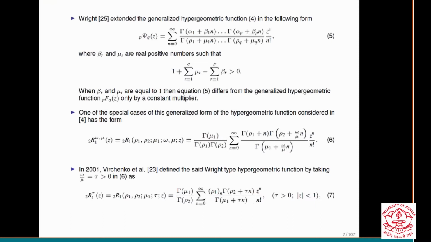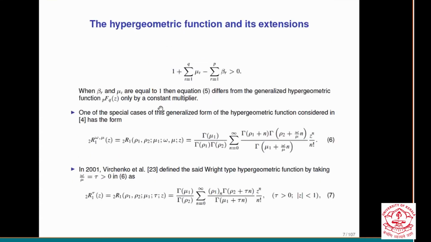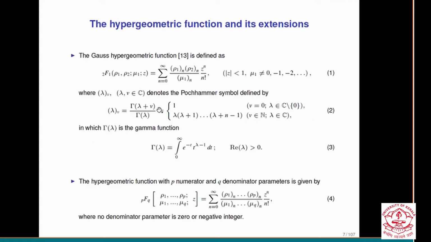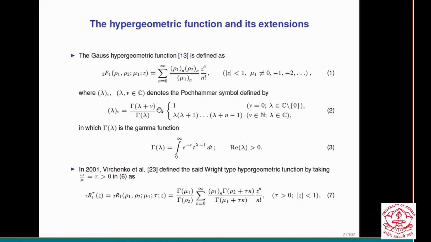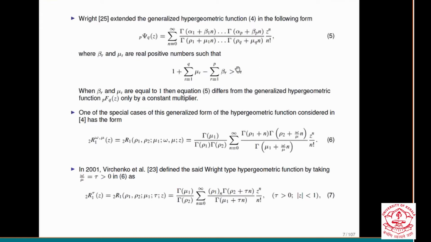So basically, he put all this in the form of the gamma function, in place of the Pochhammer symbol. Here, the condition is on the sum of the parameters, that is, the real parts of mu1, mu2, mu3, mu4, mu5 and so on should be greater than this.